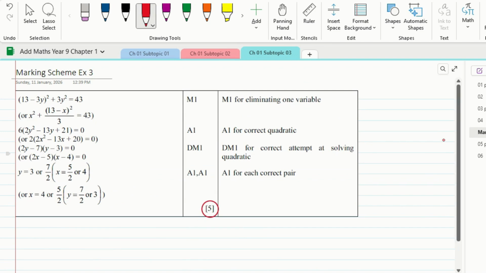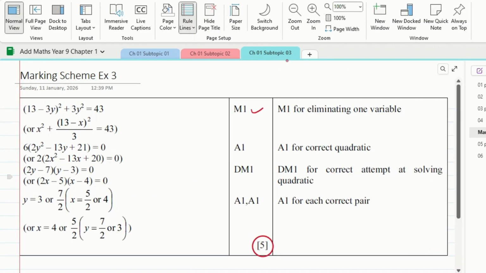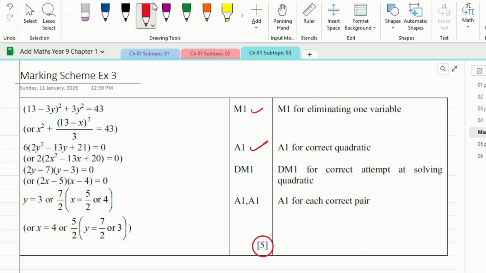So here, the method mark is when you manage to write down a substitution in full, and the accuracy mark is when you have the correct quadratic. The continuing mark is the dependent method mark, because here you can use any method to solve the quadratic equation, and the final accuracy mark is when you get the correct pair.